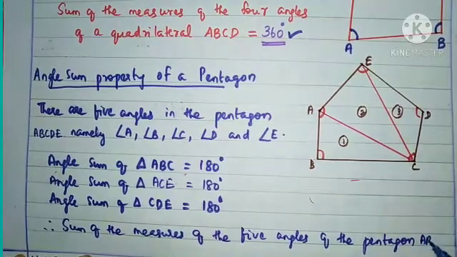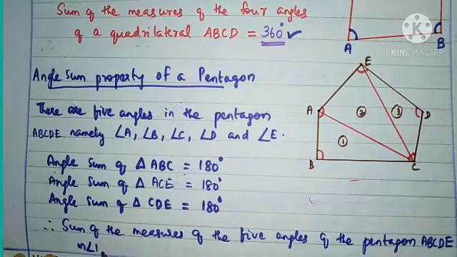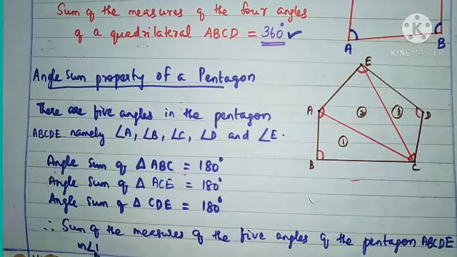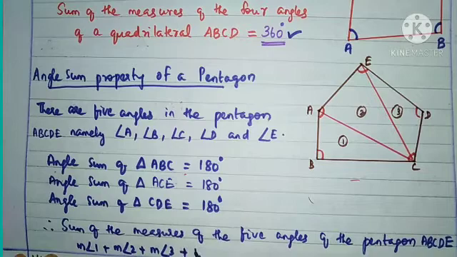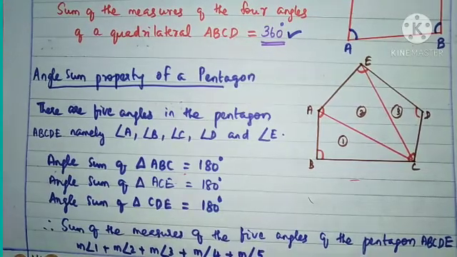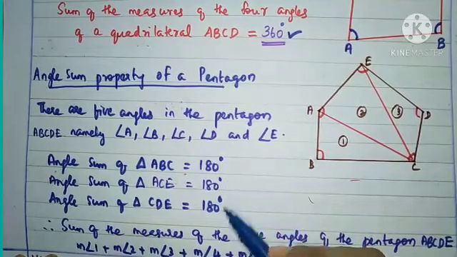What is the name of the pentagon? ABCDE. Yes, there are 5 angles. So 1, 2, 3, 4, 5 angles.